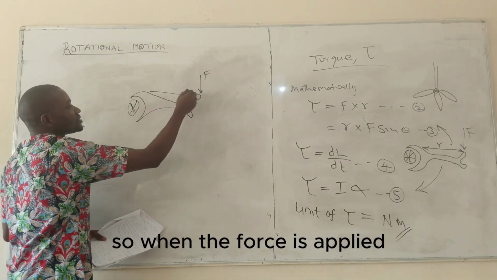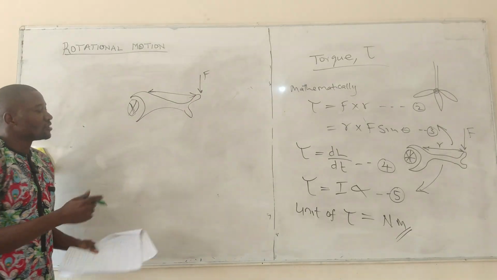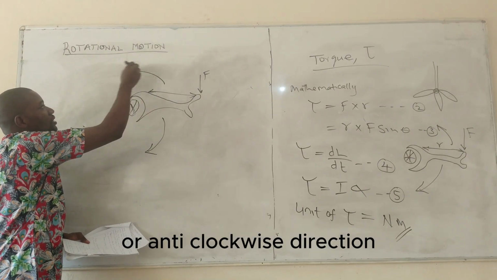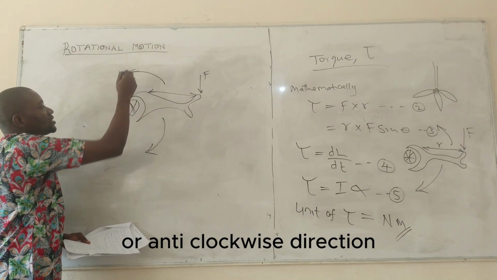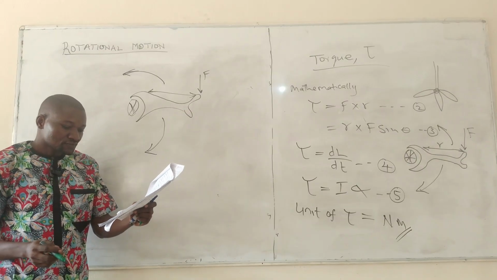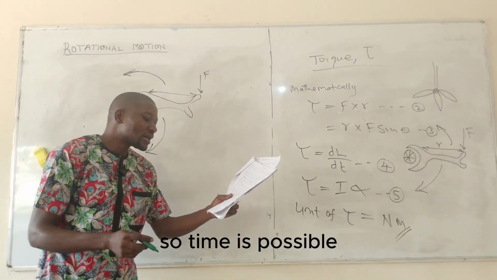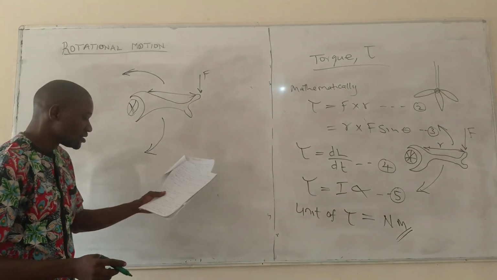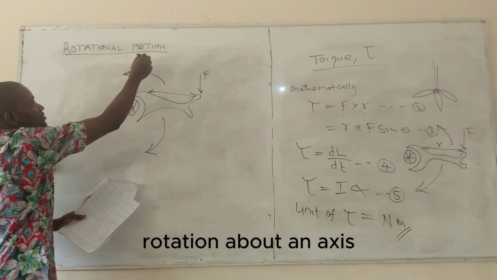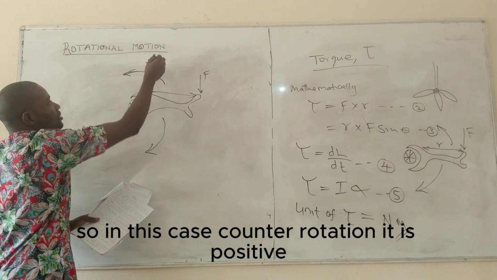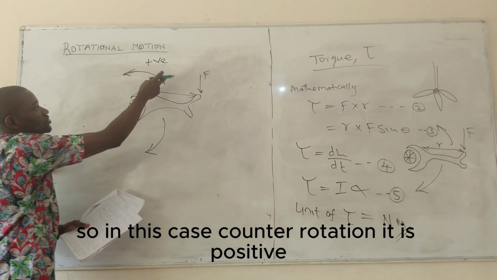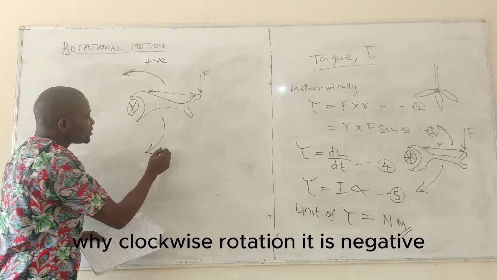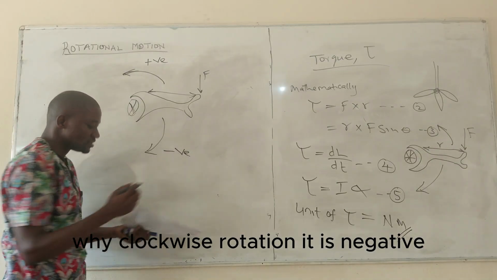When the force is applied, the movement can be clockwise or anti-clockwise. So tau is positive when the force tends to produce a counterclockwise rotation about an axis, while clockwise rotation is negative.